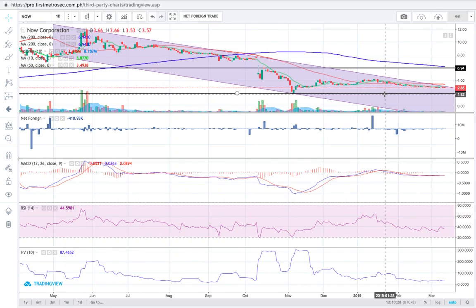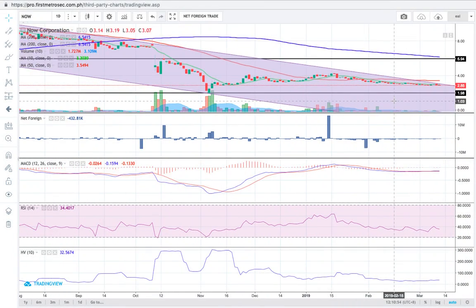That's a confirmation that this stock is still moving bearishly in the short term and long term time period. So it's both bearish in the short term and long term. That's the situation of Now right now.